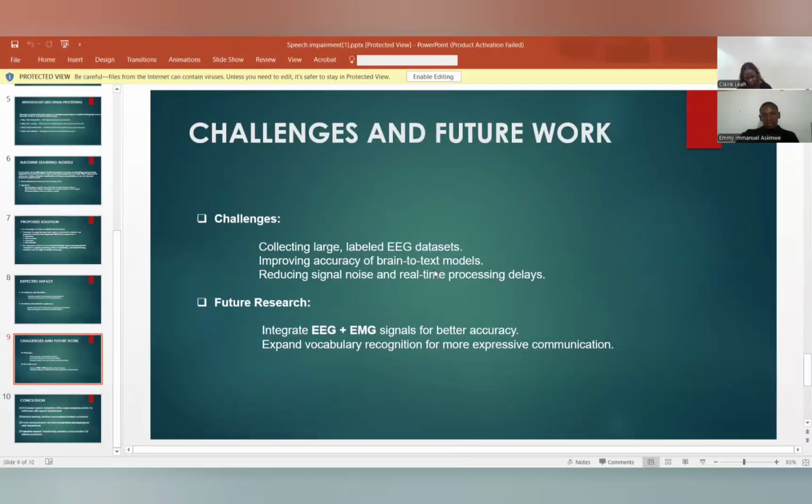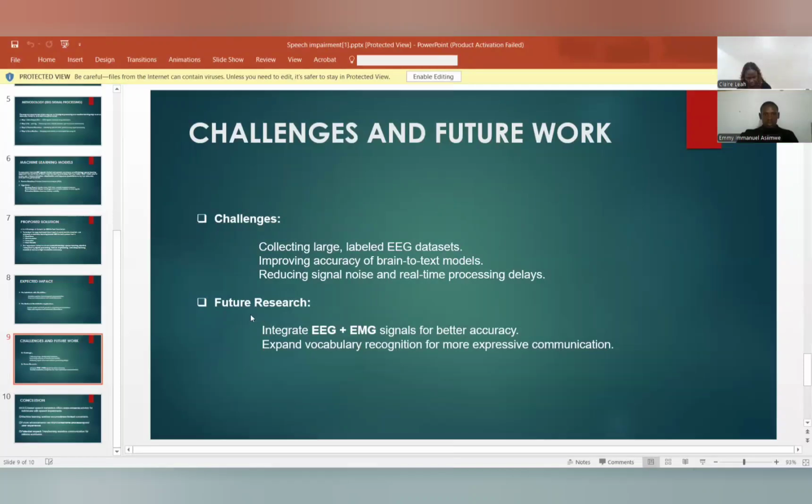Then we try to improve the accuracy, reducing signal noise and real-time processing. We had to look at the voice text so that we analyze them and get the best out of them so that they can be used in the model and the code runs perfectly.